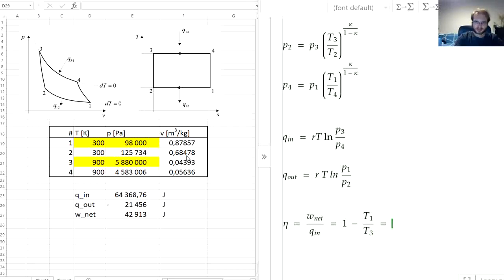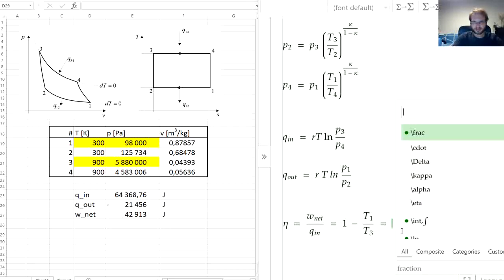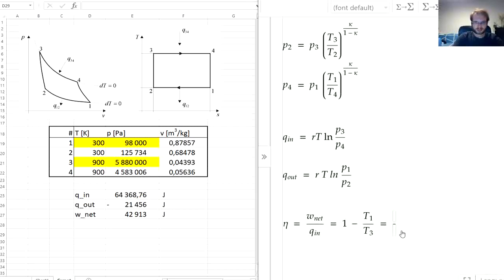And also the net work output, same as we expressed it here, is the heat input minus heat output, divided by the heat input. Those are different expressions for the same thing.